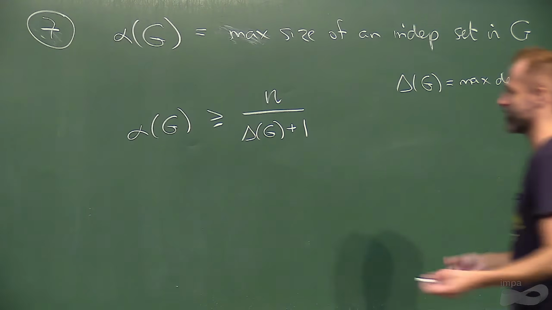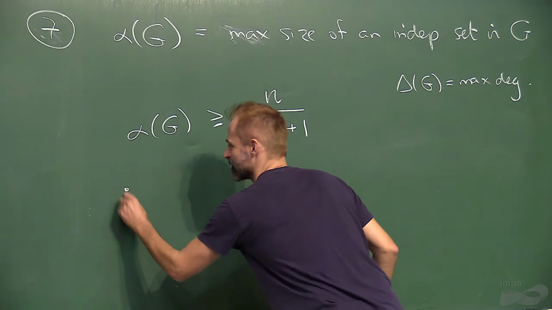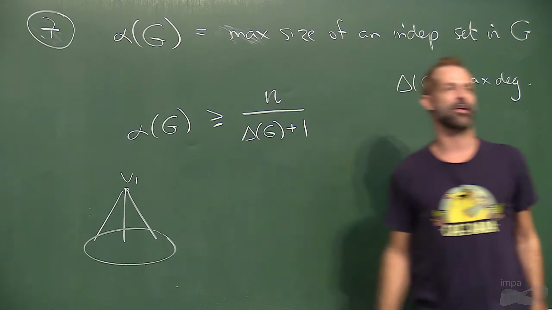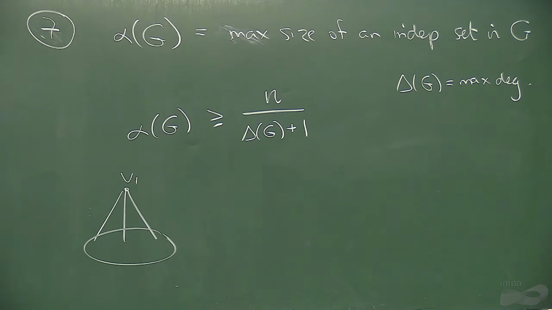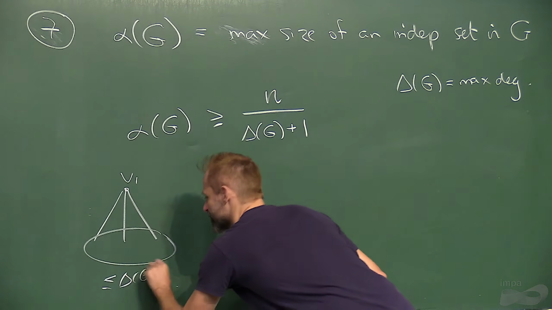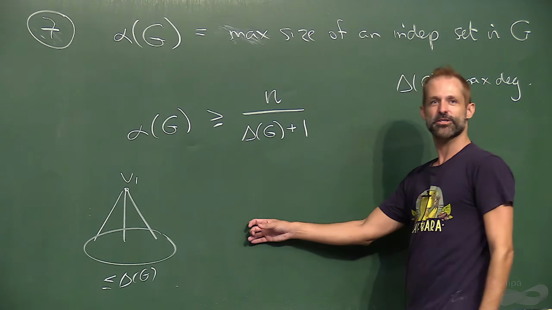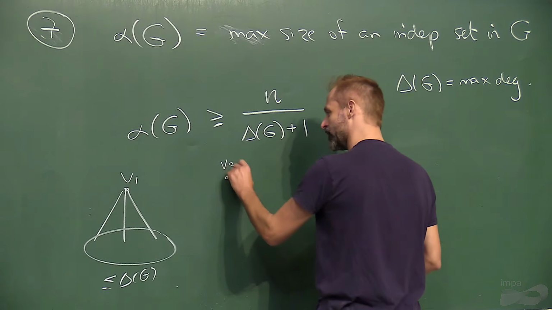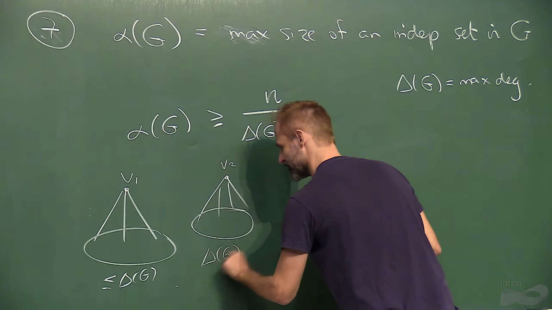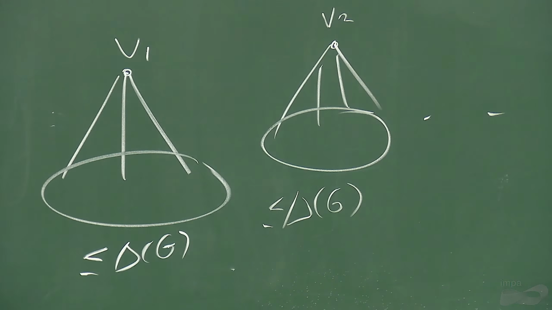We can just do a greedy algorithm. We pick a vertex. This vertex v1 is going in our independent set. We've already decided. So therefore, we have to throw away all its neighbors. How many neighbors does it have? At most, delta G. Look in the rest of the world, pick any vertex at all, throw away its neighbors, and so on. Just continue until you run out of vertices, and you get this bound. Okay, extremely simple.